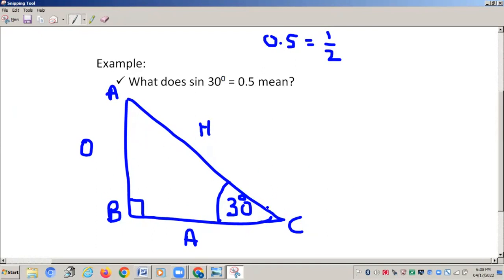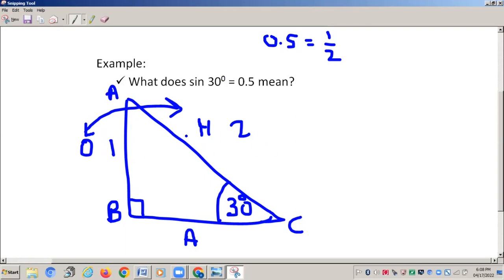So many years ago, somebody drew a right-angle triangle, right? And they noticed that whenever the angle is 30 degrees, the ratio between the opposite and the hypotenuse is always in a 1:2 ratio. It means if this was 1 centimeter, this is 2 centimeters. If this was 10 centimeters, this is what? 20 centimeters.